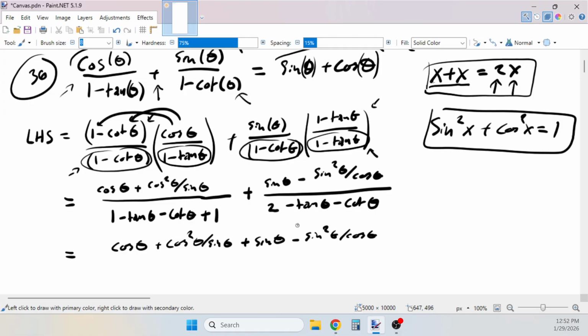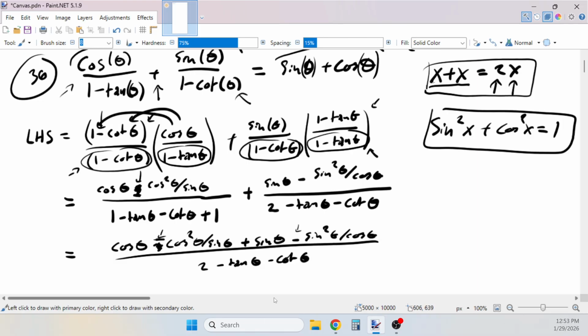Now, looking back, this is negative, so that means this should be all over 2 minus tangent theta minus cotangent theta.